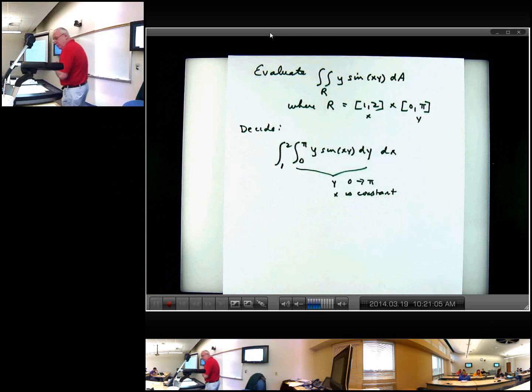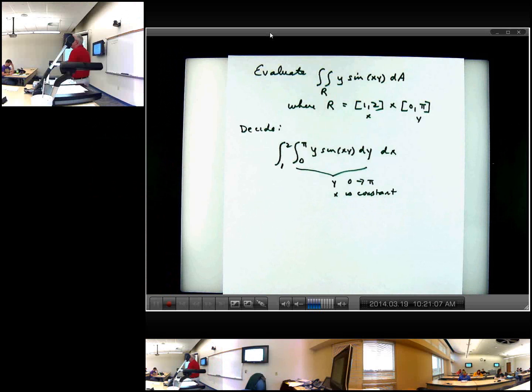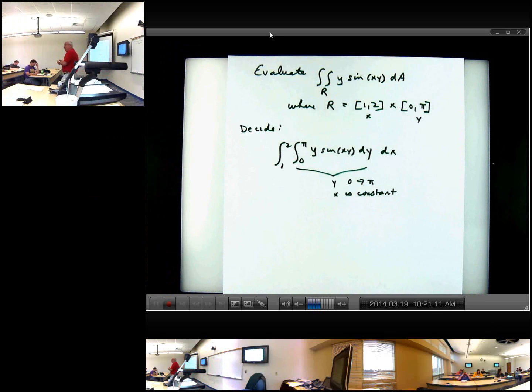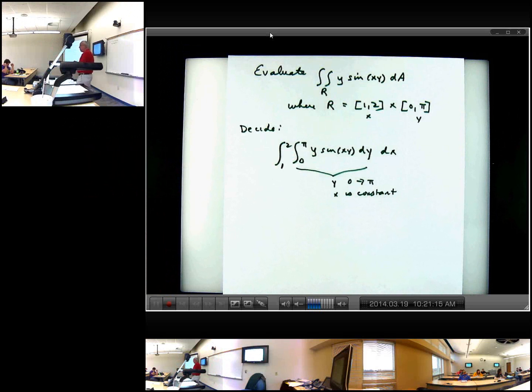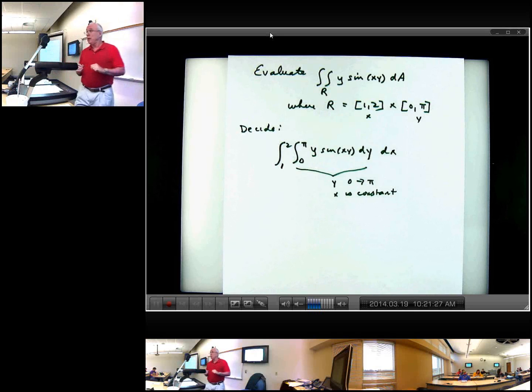So what technique learned very early in Calc 2 do we have to do in order to evaluate that antiderivative? Non-U substitution, integration by parts, is what we would have to do to get that inside integral.